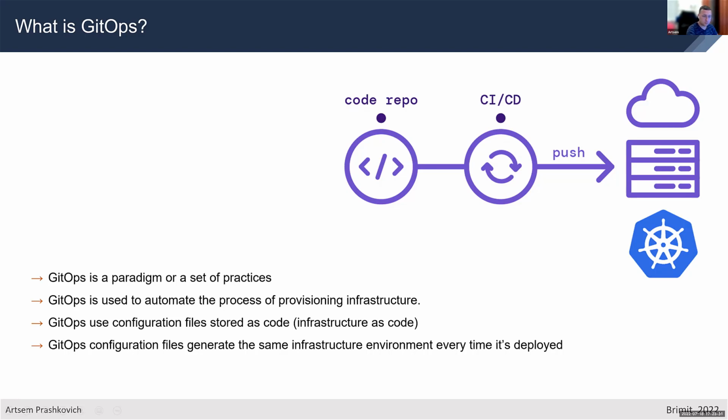So usually GitOps uses configuration files stored as code, or in other words, this is an implementation of the infrastructure as code approach. GitOps configuration files generate the same infrastructure every time it's deployed, just as your application source code generates the same application binaries every time it is built.